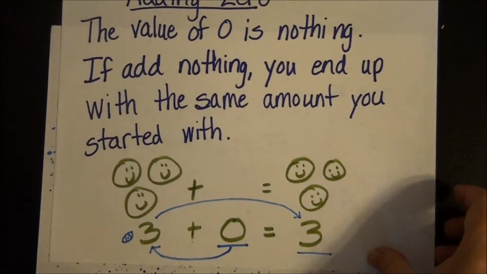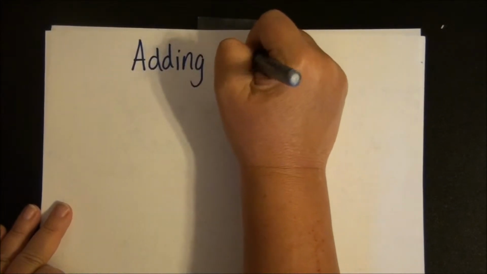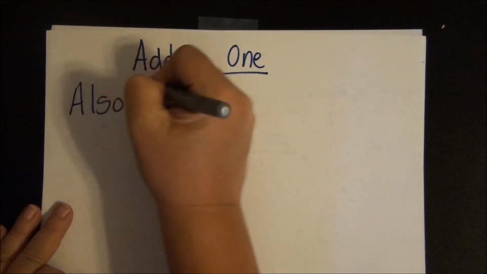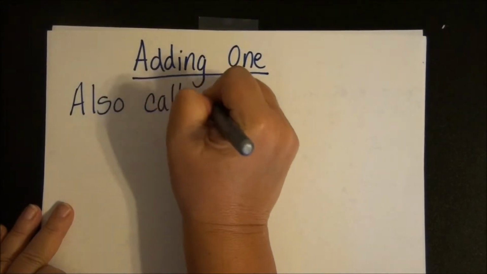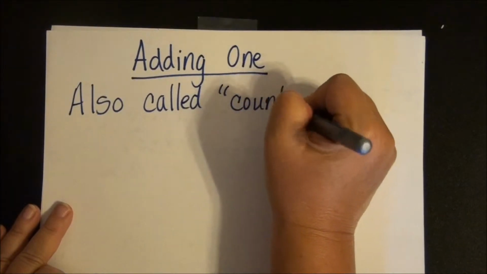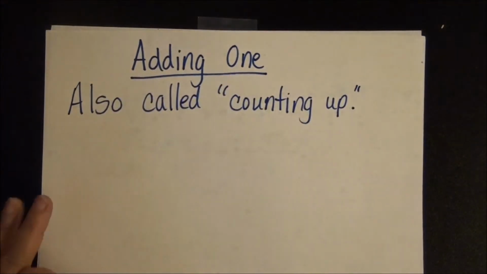Okay, our next strategy is adding 1. This is also called counting up. You're going to count up, and you're just going to count up by 1. This is a counting up strategy.